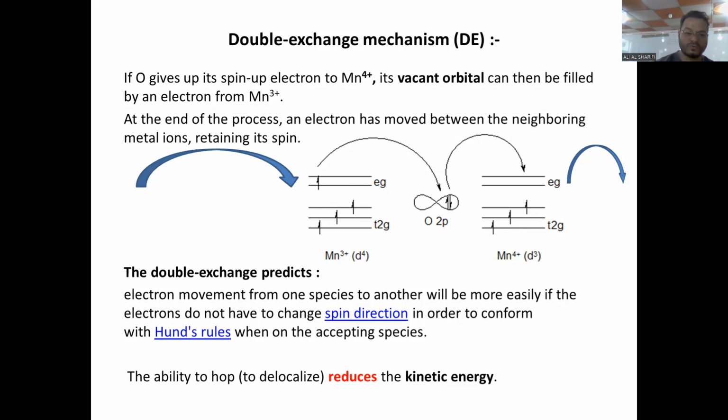In order to conform with Hund's rule on the accepting species, it is easier, because the rule decreases the kinetic energy, the ability to hop from manganese to manganese. It plays a bad role, because it works to make the kinetic energy less and less.